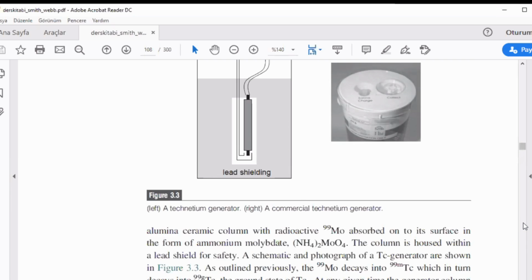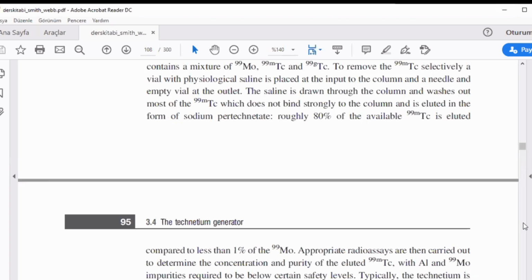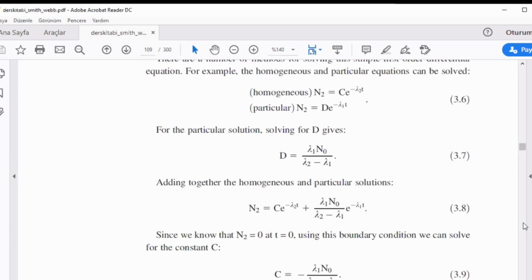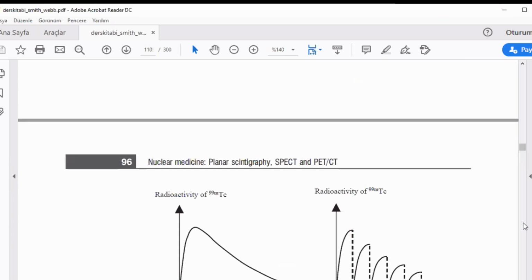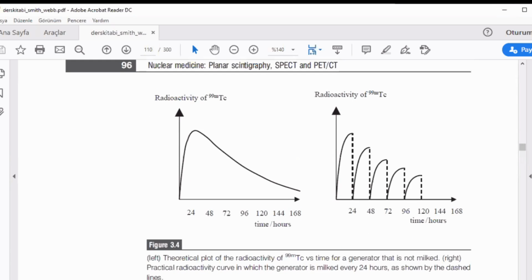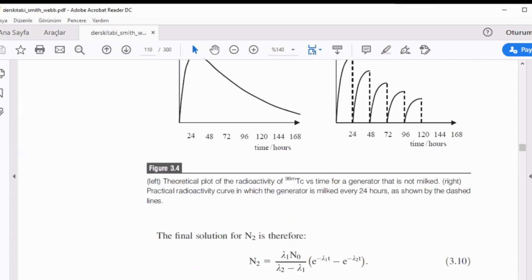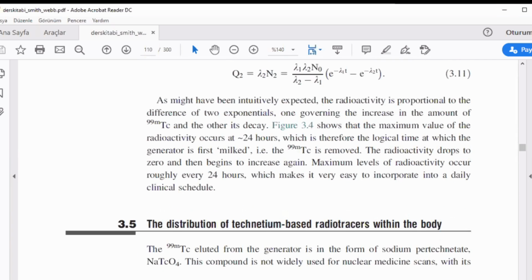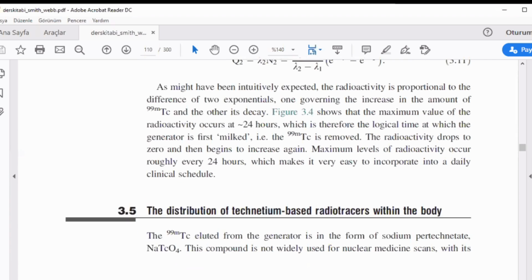You have to send neutrons to the physical sample, etc. We are not interested in this in this course. So if you are interested in learning more about nuclear activities, you can read those pages. So there are some solutions about nuclear activities, obtaining tracers, etc.